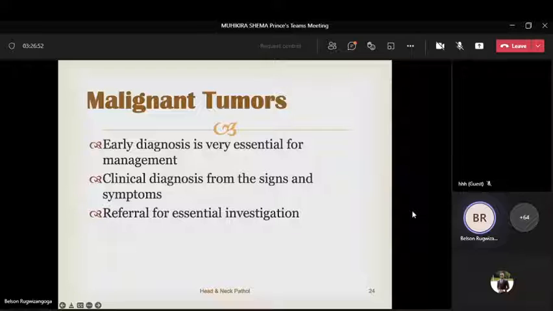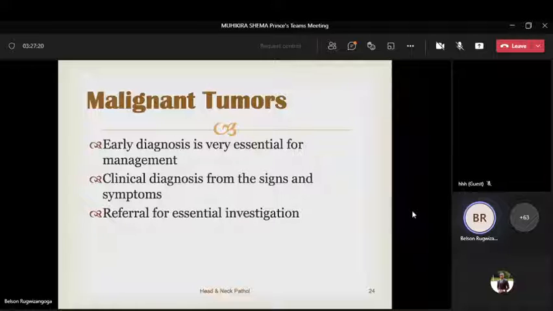So clinical diagnosis from the signs and symptoms is important. As clinicians or general practitioners, we must at least distinguish benign from malignant lesions. So referral is essential for further investigations. When you are stuck and can't give a final diagnosis, then refer the patient in time. Referring a patient is not a weakness of a medical doctor.